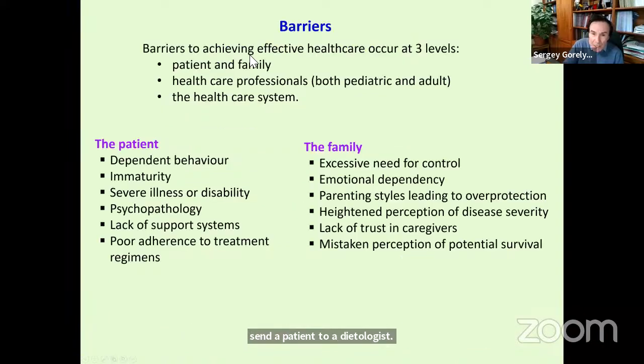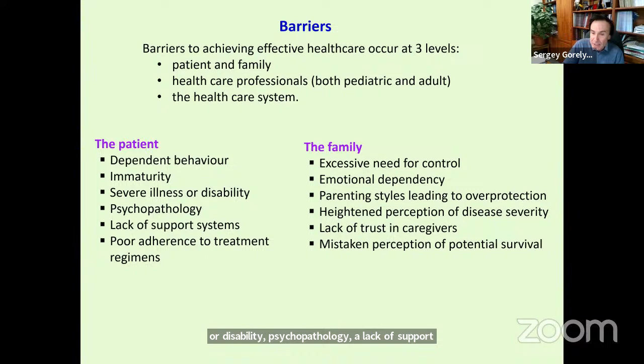But on this way, there are a lot of barriers. These barriers include patient and family, healthcare professionals, and the healthcare system. From the side of the patient, these are dependent behavior, immaturity, severe illness or disability, psychopathology, lack of support systems, and poor adherence to treatment regimens.